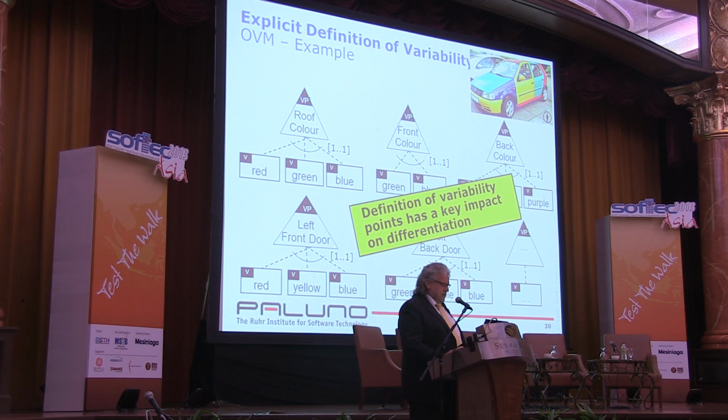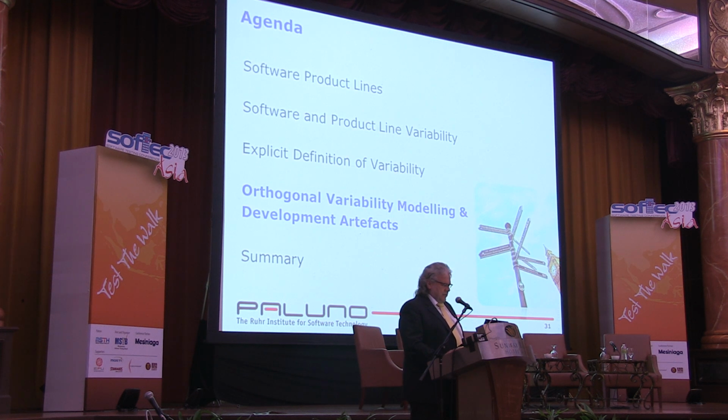The definition of variability points has a key impact on the differentiation. And if I define variability for a product, I do this based on market needs or customer demands or whatever, but not based on technical realization. So I want to define variation points, what can vary, independent of how this is realized. And this is possible with the orthogonal variability model. In the other case, it's not possible.